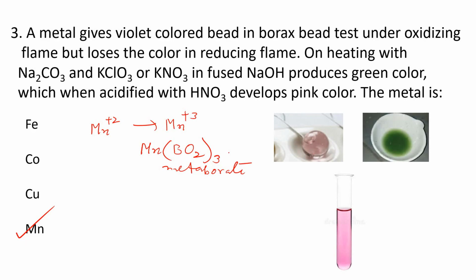But in the reducing flame, what happened? This Mn plus 3 reduces to Mn plus 2. And Mn plus 2 means it becomes colorless. Then it forms the colorless orthoborate. So in the reducing flame, Mn3(BO3)2. Here manganese is in the plus 2 state and it is orthoborate and it is colorless. Now coming to the second part, the fusion test. In the fusion test, what happened?